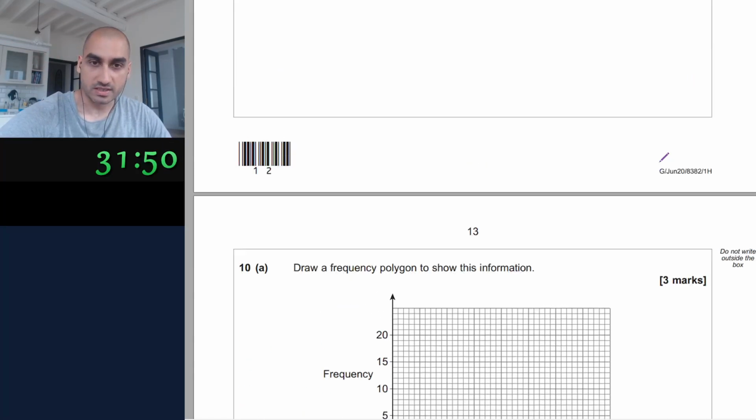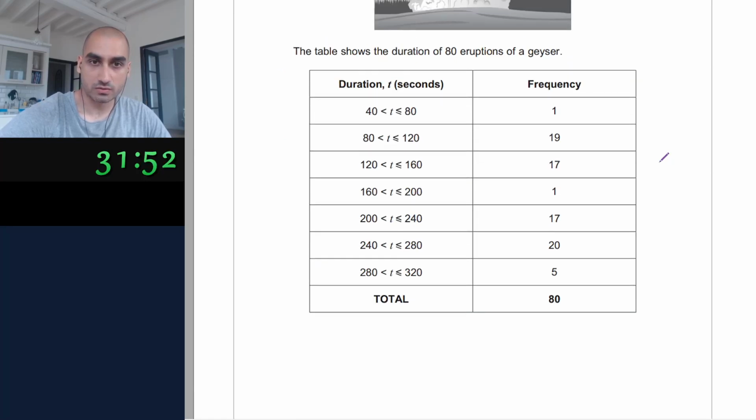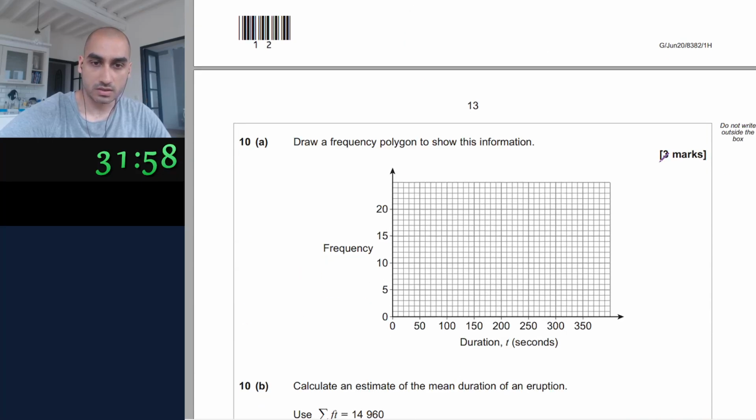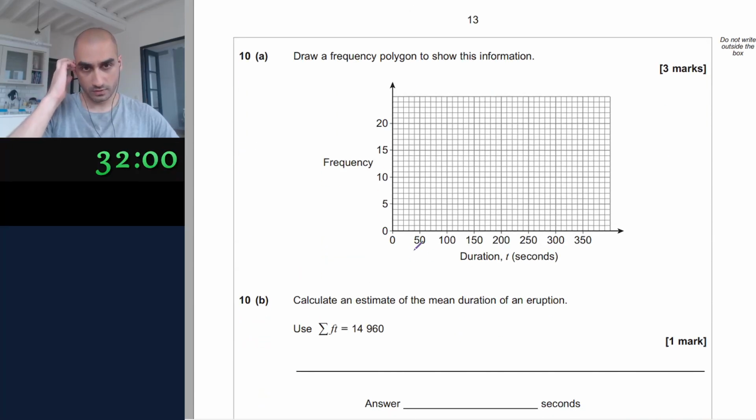I think we'll probably have to take the midpoint of each range, so 40 to 80, frequency 1. So, wait, we've got 40, 80, so put a dot here.